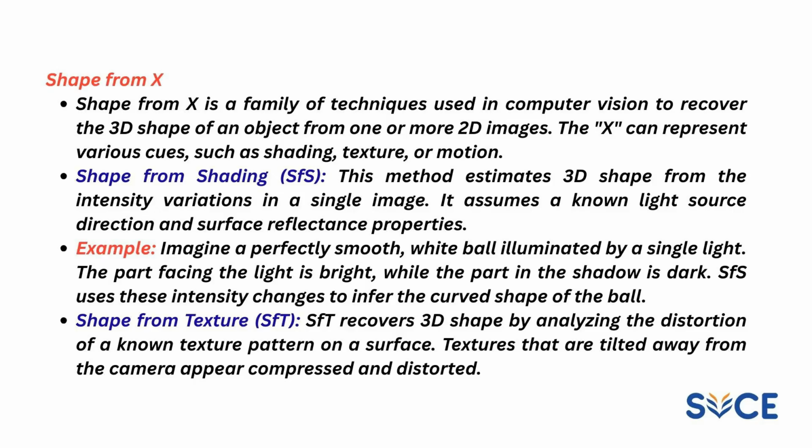Another approach is SFT, shape from texture. Last time we saw shape from shading. Now we are going to see shape from texture. Here the idea is that texture changes appearance depending on its orientation in space. For example, think of a tiled floor in a photograph.